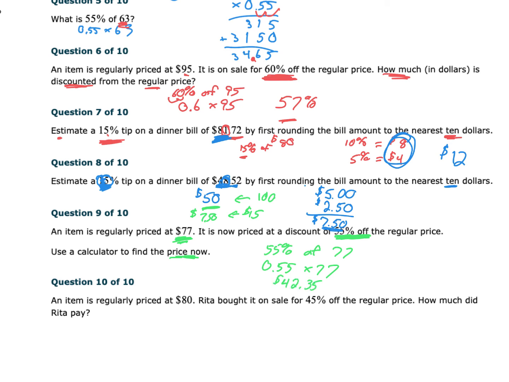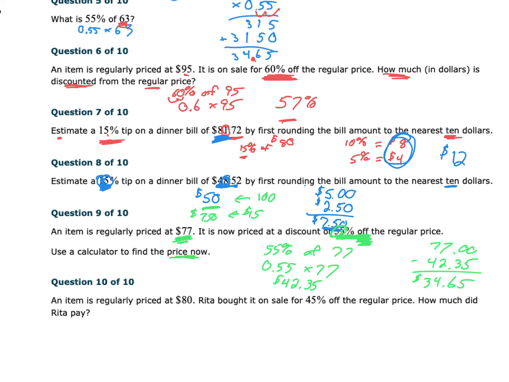It's that much off. That's how much you're not paying from 77. So now you're going to do 77 minus 42.35. Okay. So that's $34.65. You know you're going to pay less than half because it's 55% off.